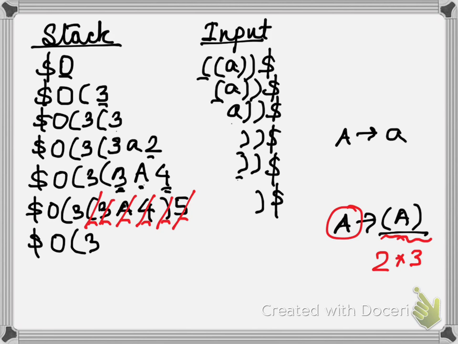All these will be removed. So we'll pop these elements from the stack. Earlier we had popped one element, so we popped 2, A and 2 had been removed. Here we have popped all of these, so it looks something like this.